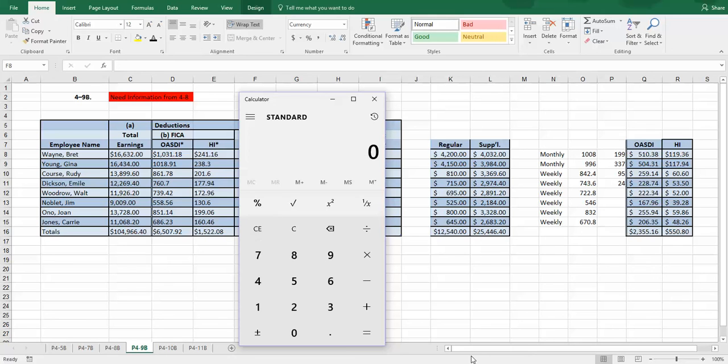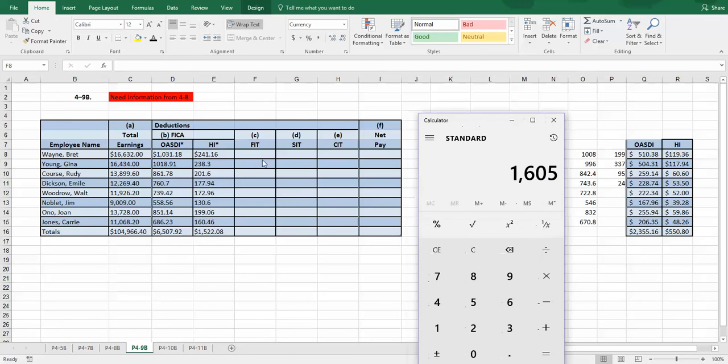Actually, let's do it this way. I'm sorry, trying not to confuse you. 199 times 3, since we haven't copied over the amount of federal income tax. So that's 597 plus the 1,008 that we calculated as supplemental. So this federal income tax is $1,605.